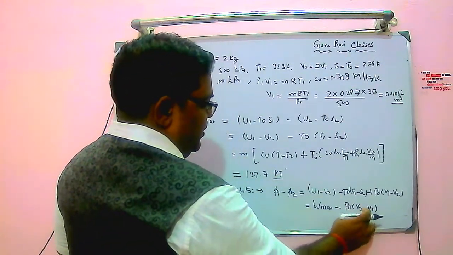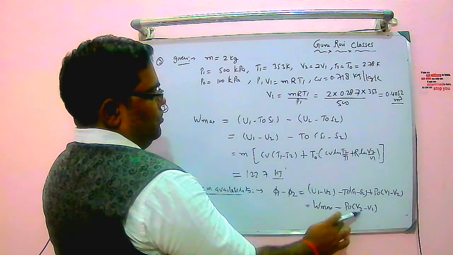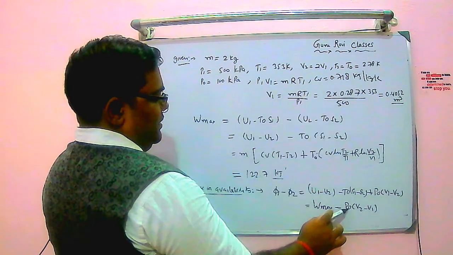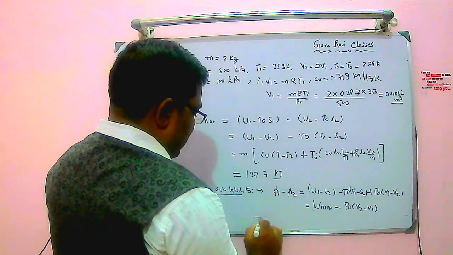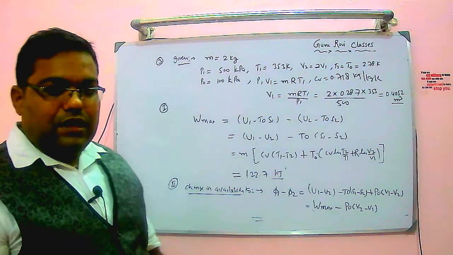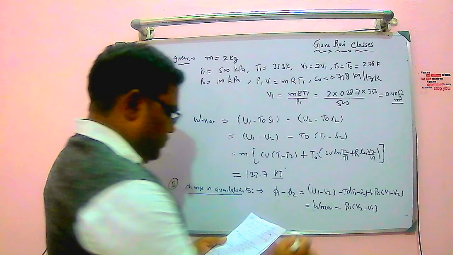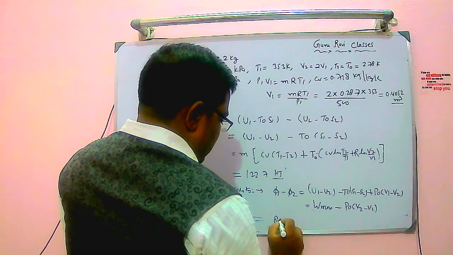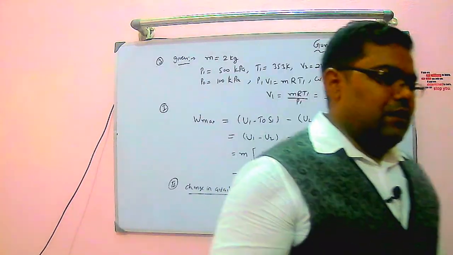P naught is given here, and V2 is 2 times of V1 which is given, and W max you already calculated. So substitute all the values, you can get the change in availability. This is coming around 82.2 kilojoules.